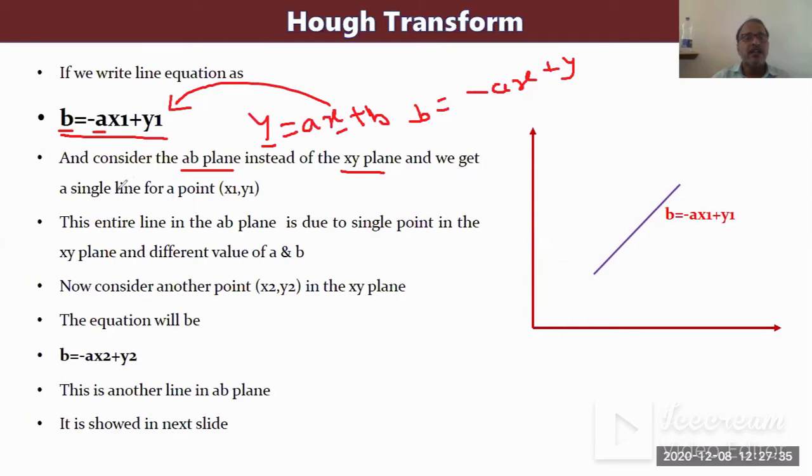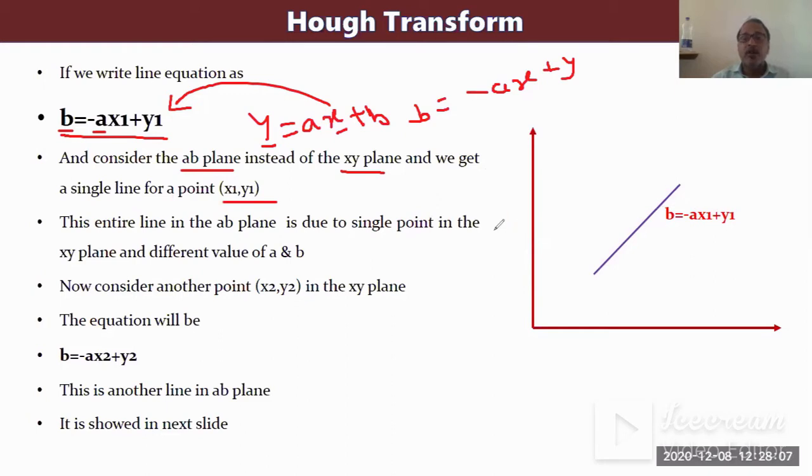We can get a single line from the point x1, y1. So this is a line which is passed by x1, y1. This entire line in the ab plane is due to the single point in the xy plane and different values of a and b. According to our previous statement and this statement, we can say that this line consists of a single point in the xy plane but different values of a and b.